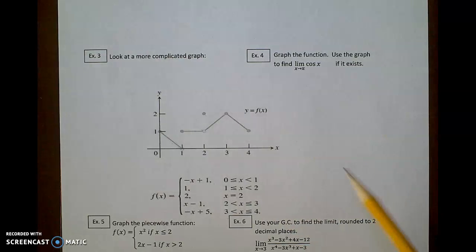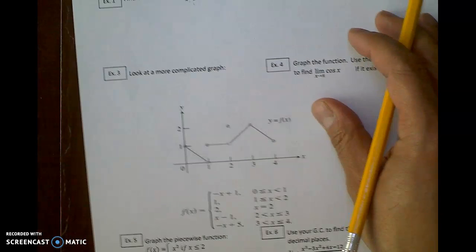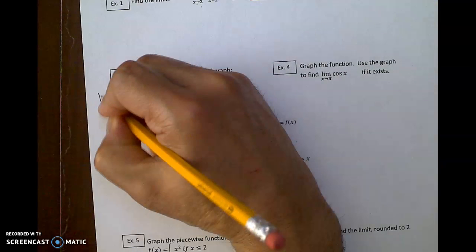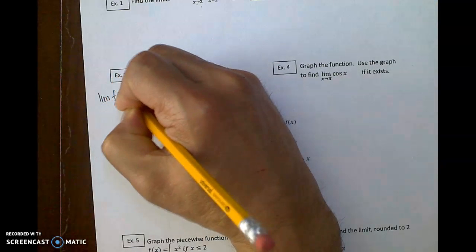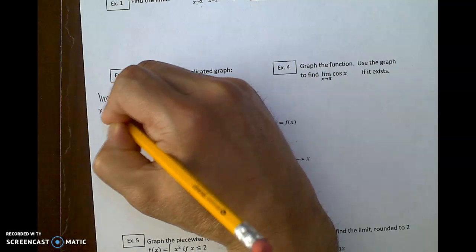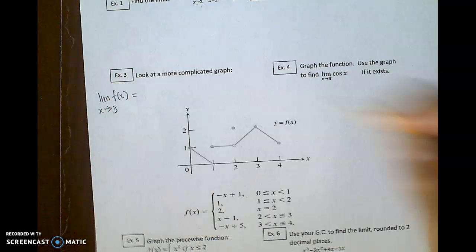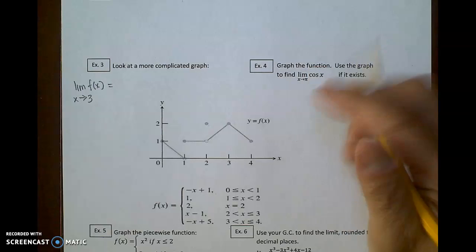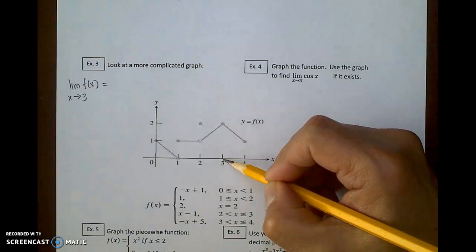Alright, so from this graph we're going to find various limits of the function. So if we are looking for the limit of the function as x approaches 3, okay, so we are looking at the x value of 3 right here.